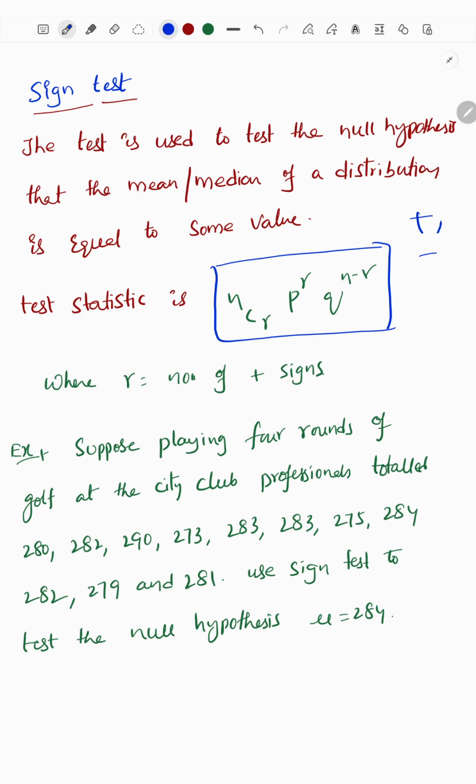Suppose we have 10 observations and you want to compare all these 10 observations with 500. Any observation in your data that is more than 500, we replace with plus. If any value is less than 500, we replace with minus. So plus and minus are assigned based on the value which you are comparing with the data.